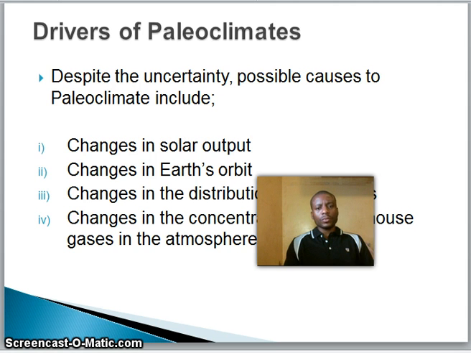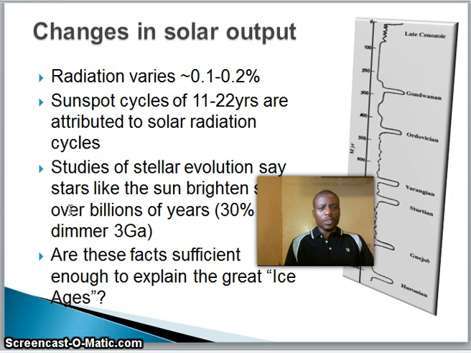Now, if we go to the first one, which talks about the solar output changes that have occurred throughout Earth history, this theory proposes that through stellar evolution, the Sun over the early billions of years of Earth history was 30% dimmer than it is today.